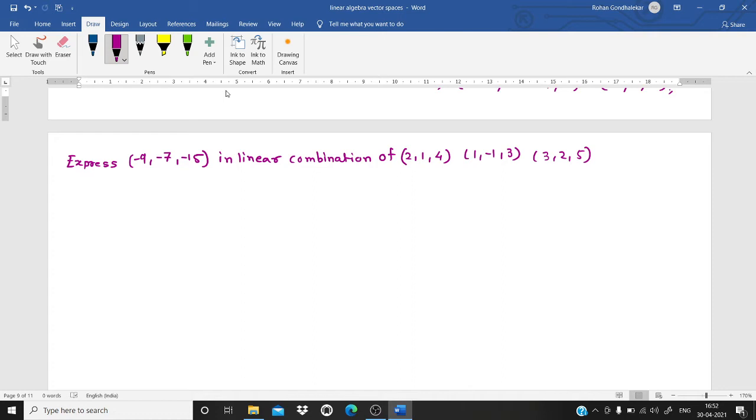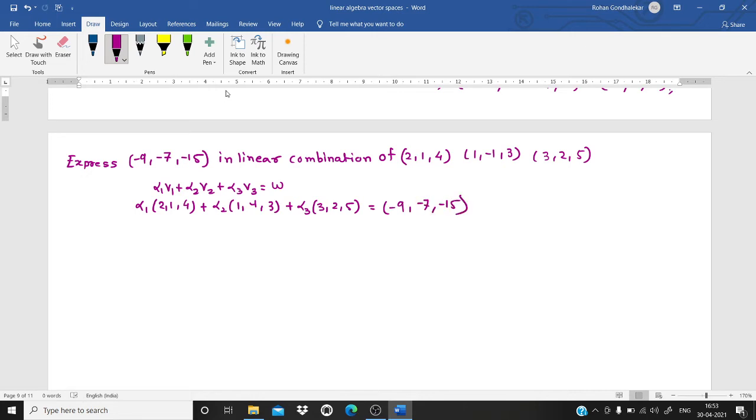Let's begin with alpha 1 v1 plus alpha 2 v2 plus alpha 3 v3 equal to w. Which is nothing but alpha 1 times the first vector (2, 1, 4) plus alpha 2 times the second vector (1, -1, 3) plus alpha 3 times the third vector (3, 2, 5) equal to (-9, -7, -15).